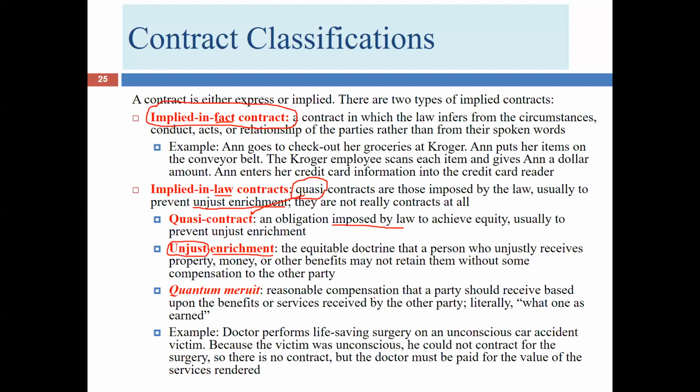Well, I have been unjustly enriched under those circumstances, right? I received something, a new roof that really doesn't belong to me, and that has caused the other guy, the Roofers R Us company, to be out some serious money, supplies and labor costs. And so the courts are likely to say to me, "You know what, Groover, you could have stopped them.